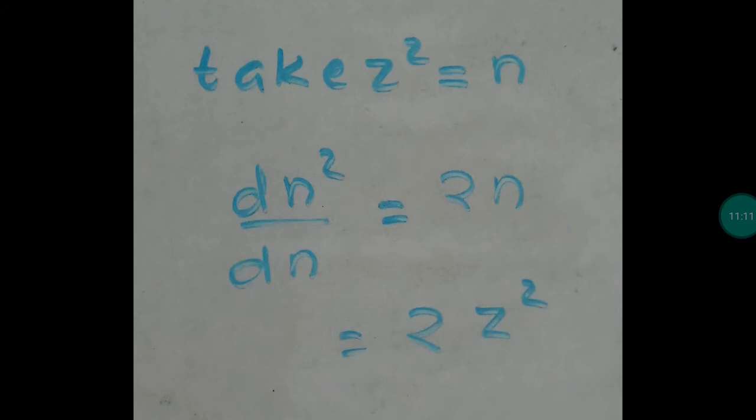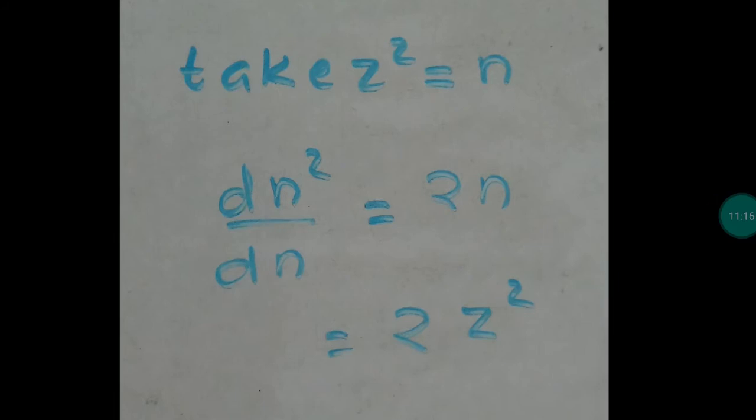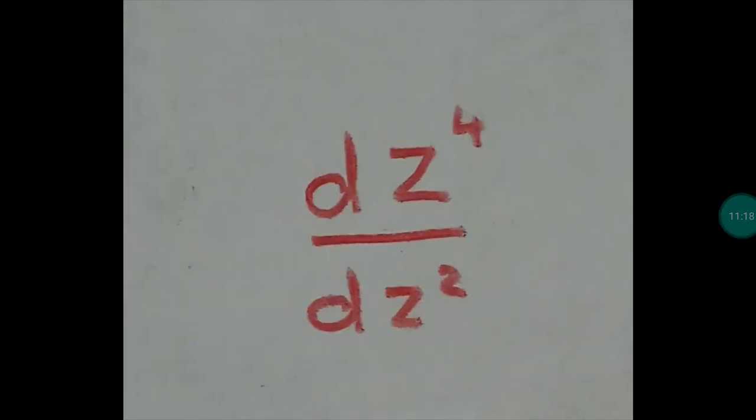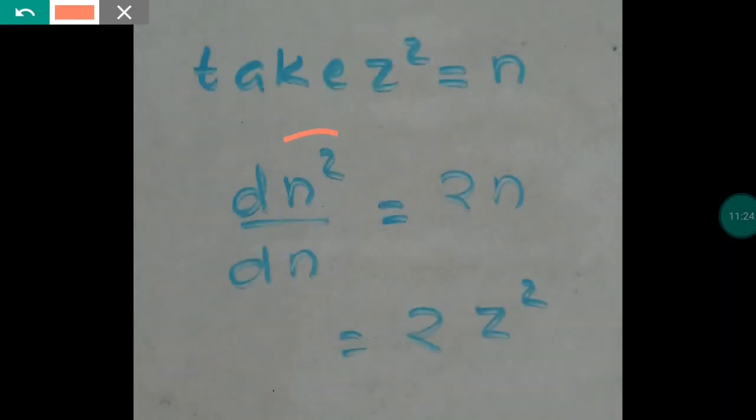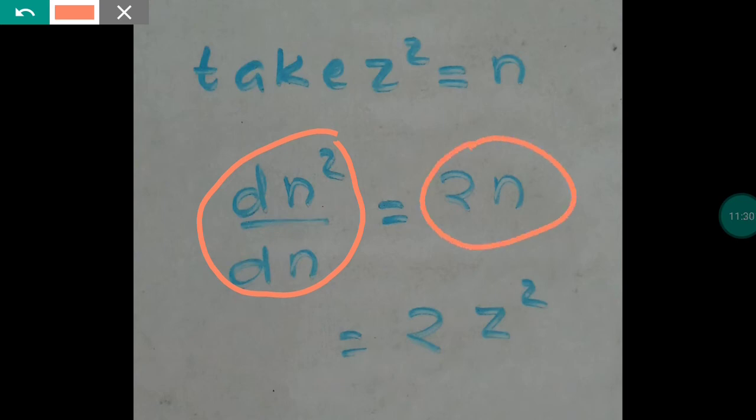Suppose we take z square equal to n. So this form gets reduced to this form. Okay, now we simply differentiate it. It's equal to 2n, and now you just put the value of n, which is equal to z square. So the answer is 2z square.